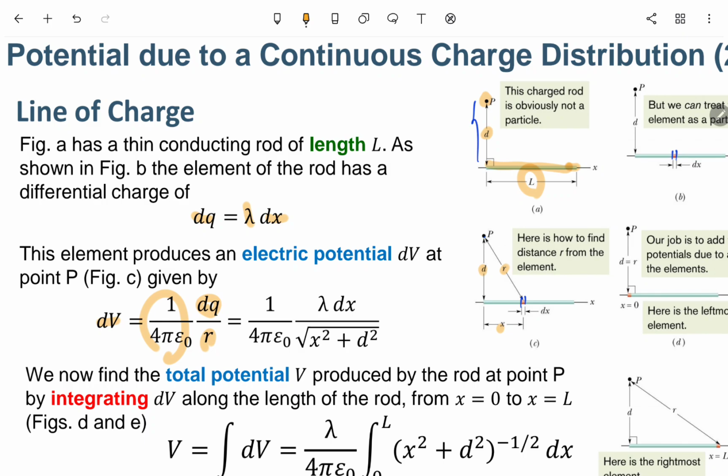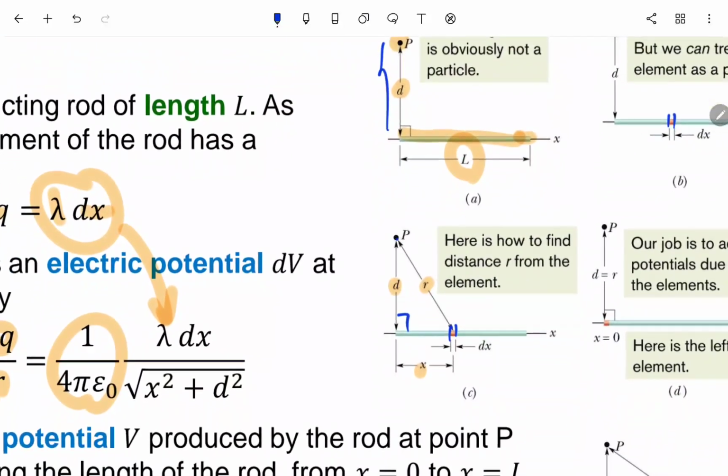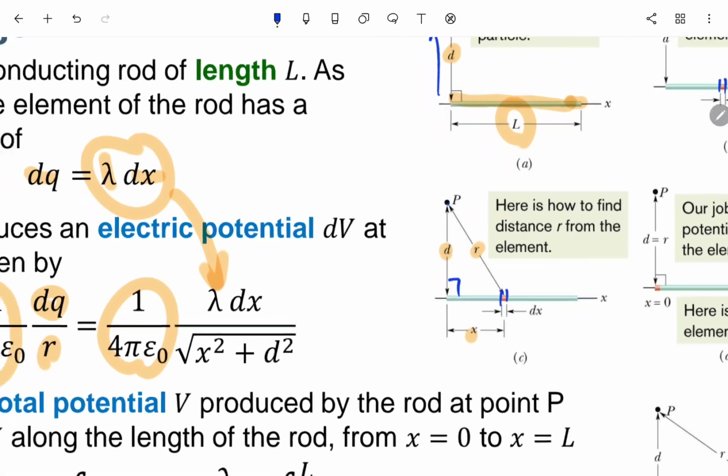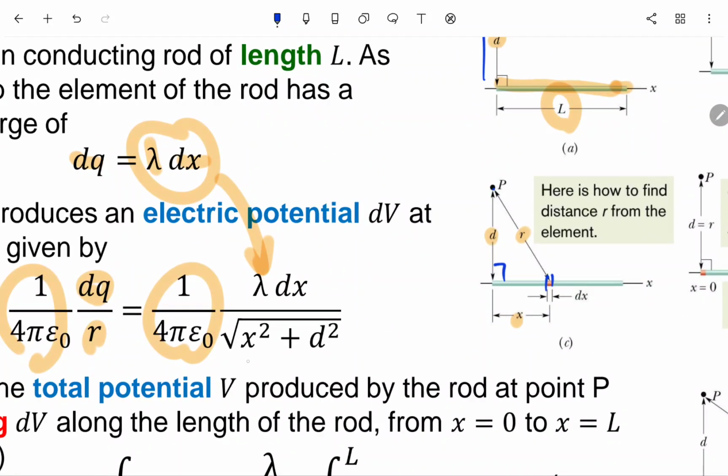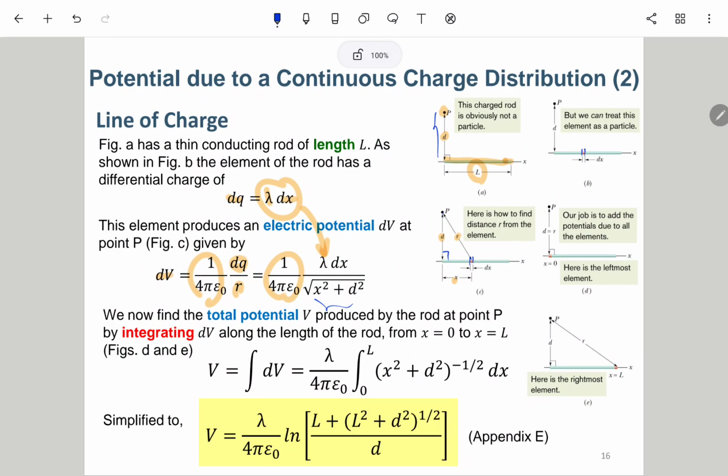And r, in this right angle triangle, is the square root of x squared plus d squared, according to the Pythagorean theorem.